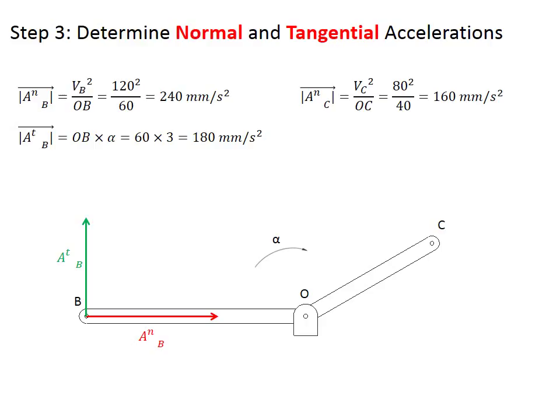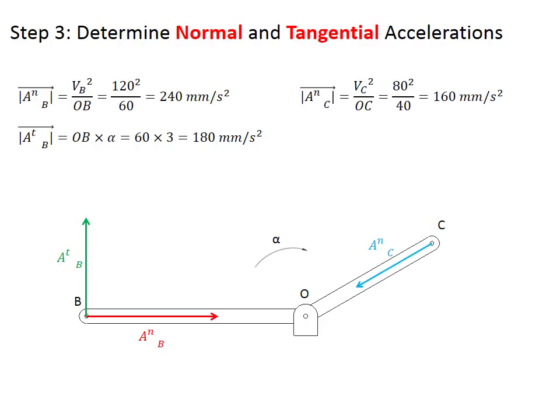In the same way, the normal acceleration of the point C is equal to the square of the VC divided by the radius of the rotation, which is OC, which is going to be 160 millimeter per square second.